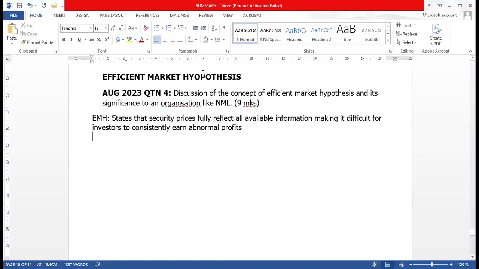So that is the assumption, that the prices stated in the market reflect all the available information.